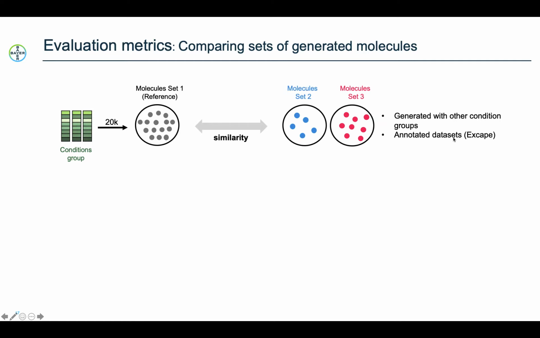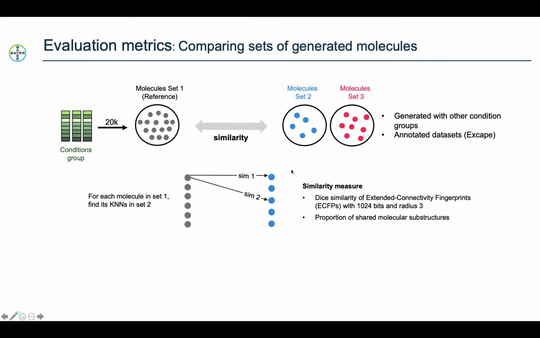so external data sets. How we compute the similarity between the different sets is that for every molecule in the first set, the left set, we find the closest nearest neighbor in the second set. Here we're just showing 2, but we compute up to 10 nearest neighbors.